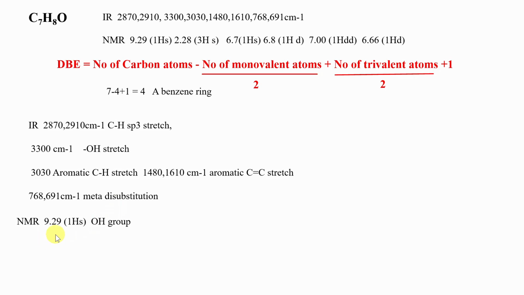NMR value 9.29 one hydrogen singlet indicates the presence of an OH group, phenolic OH group.